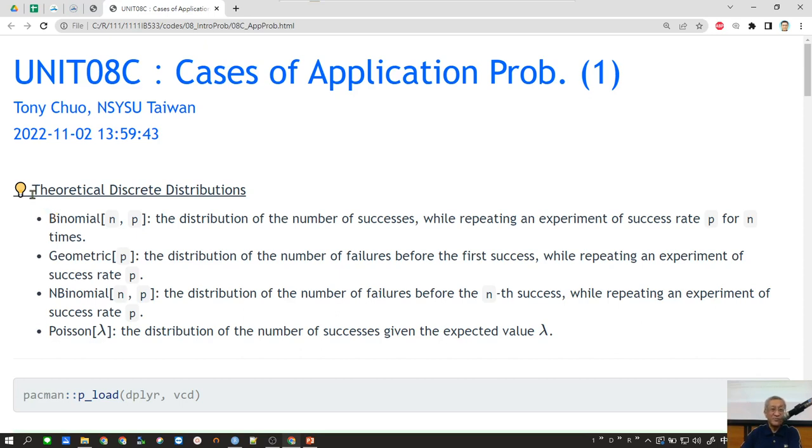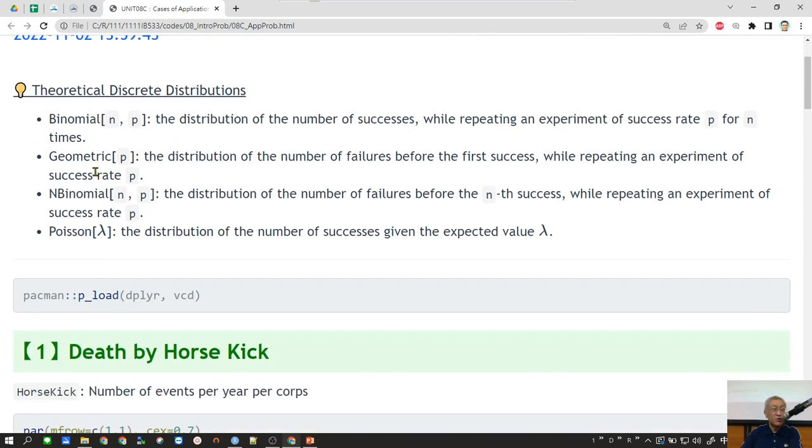And the second one is called geometric. That is the distribution of the number of failures before the first success, while repeating the experiment with success rate P. Geometric only has one parameter, the success rate P. You repeat and do not stop until you succeed.